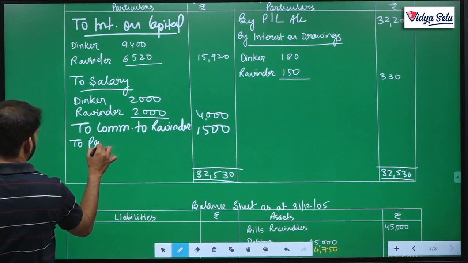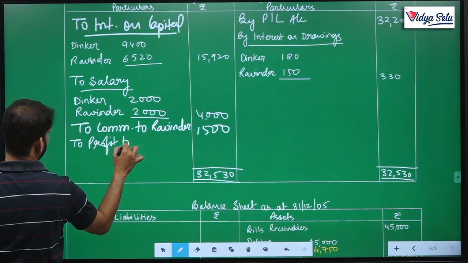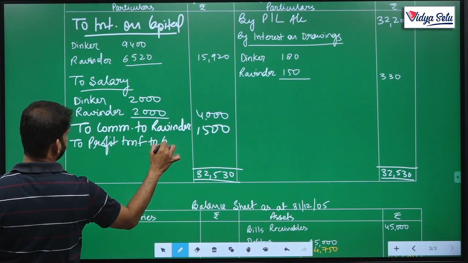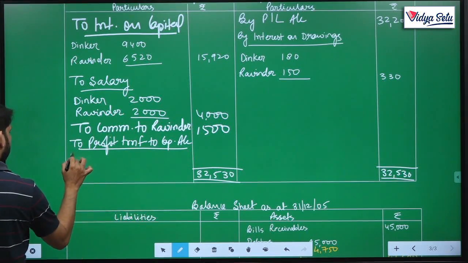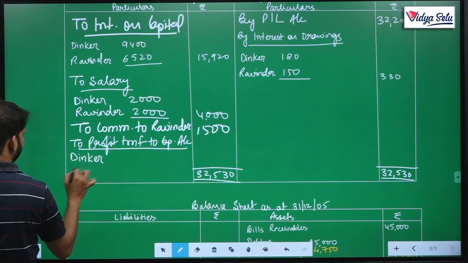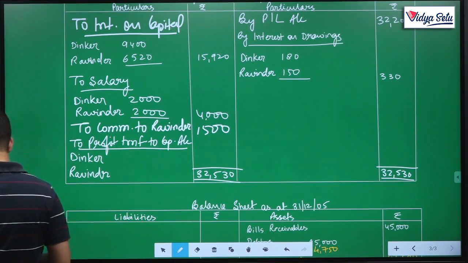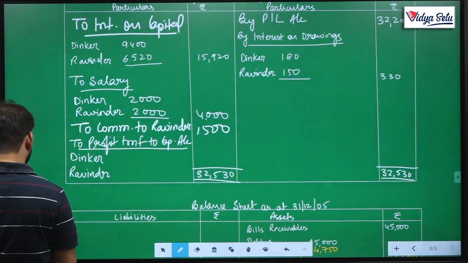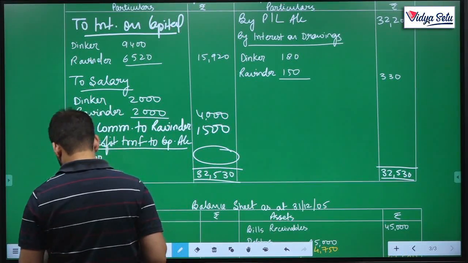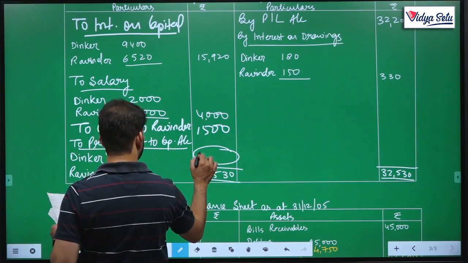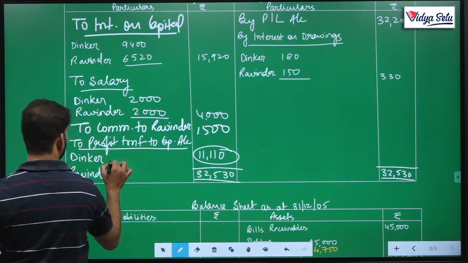So, profit transferred to capital accounts, and the profits to Dinkar and Ravinder will be in which ratio is it given? Yeah, 2:1. So, let us find out the total. The total comes to 11,110.